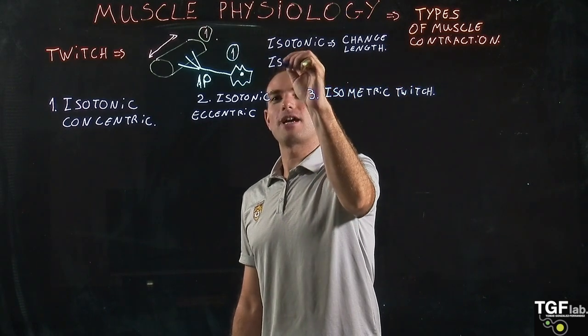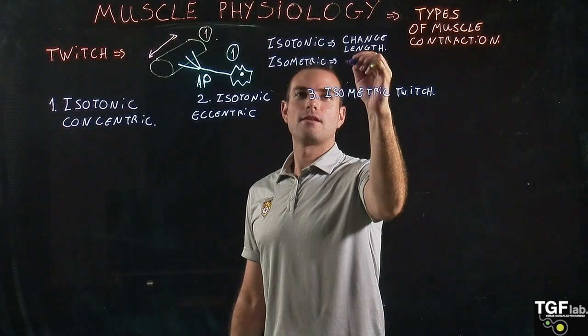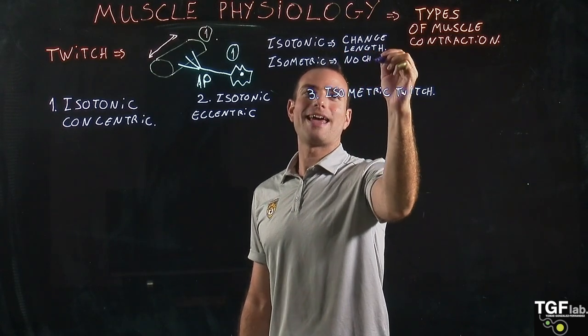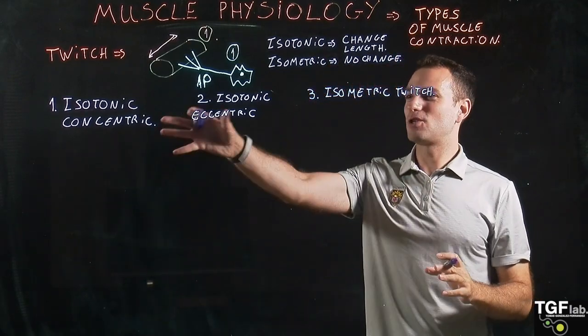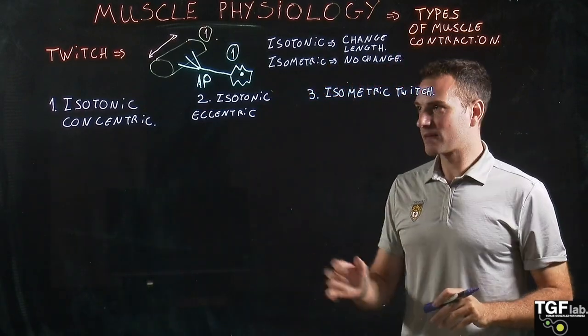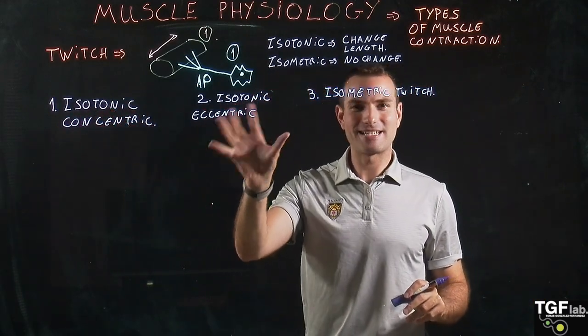In the isometric, there is going to be no change in length. So that's the main difference between the three different types. And now let's look a bit more at the isotonic concentric and the isotonic eccentric.